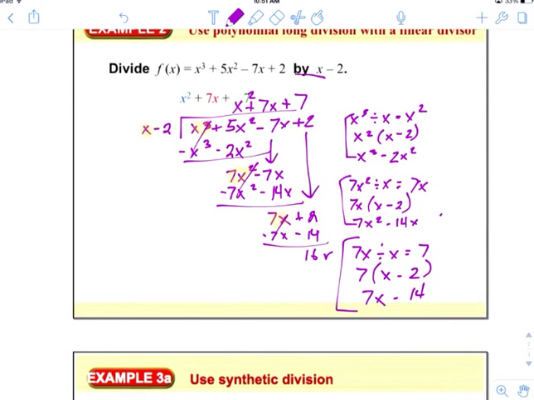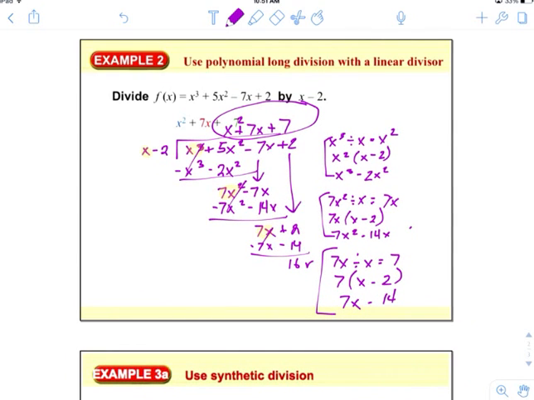And my solution is x squared plus 7x plus 7. And again, you can go back and check that with your calculator by multiplying the divisor and the quotient and adding the remainder to get the dividend.